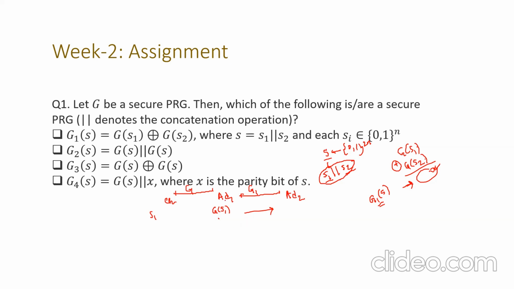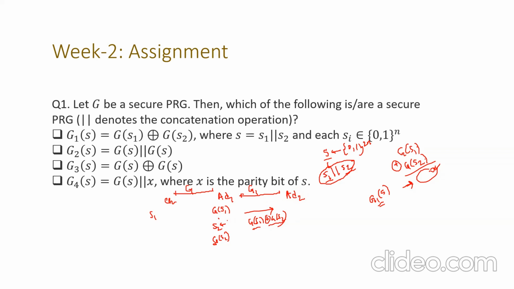And then what this adversary can do, it can itself choose some other seed S2 and generate G(S2) on its own and then send it G(S1) XOR G(S2). Remember, G is a public algorithm, so AD1 does not have any problem running the PRG G with some S2 of its own choice and sending the result to adversary AD2. And we already assume that AD2 is able to distinguish this string from a truly random string.